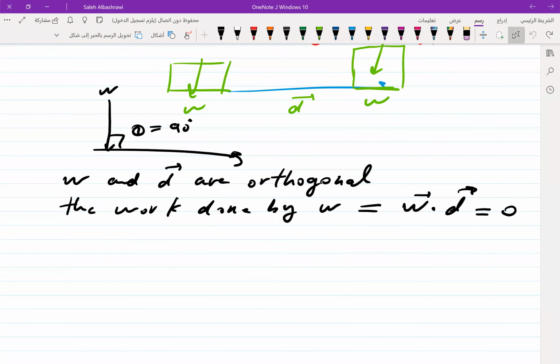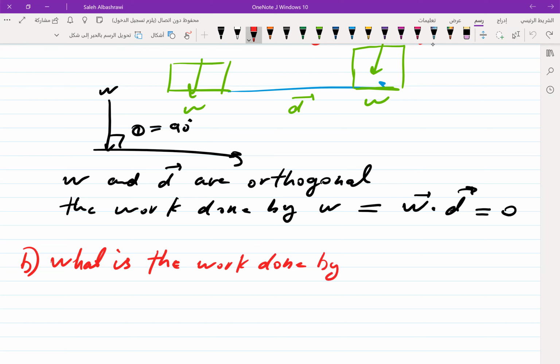Now for the second one, B. What is the work done by the force F, where D is equal to 4i plus 3j?